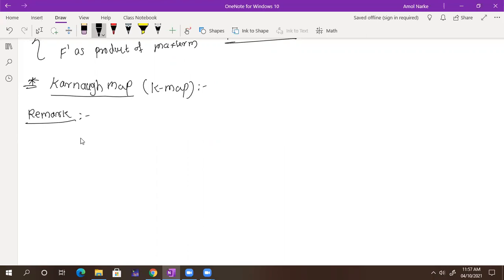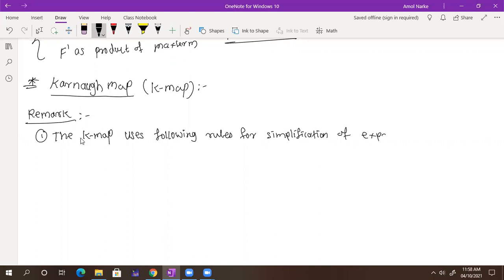Number one, the K map. Everyone please write down with me. K map uses the following rules for simplification of expressions by grouping.